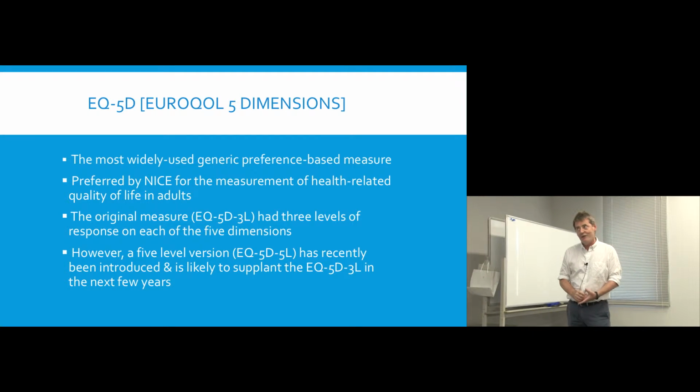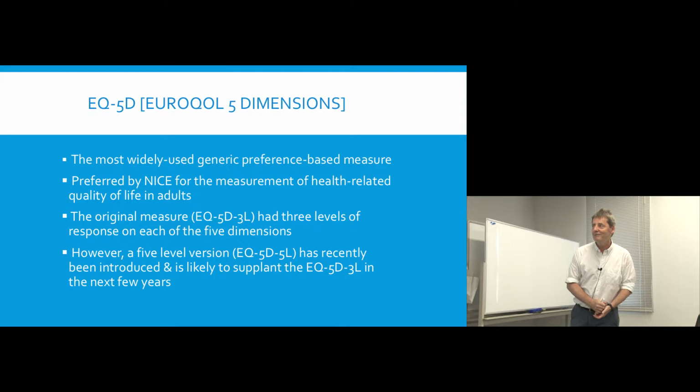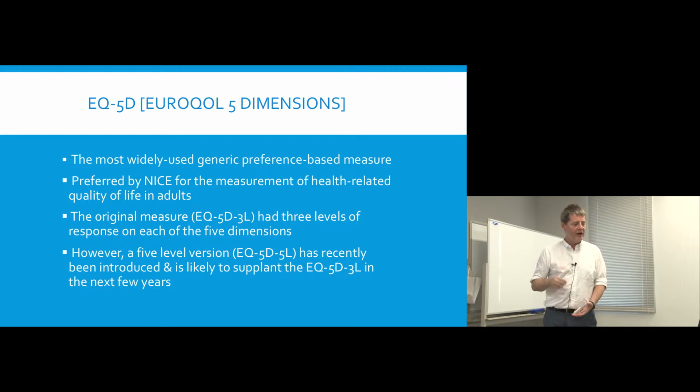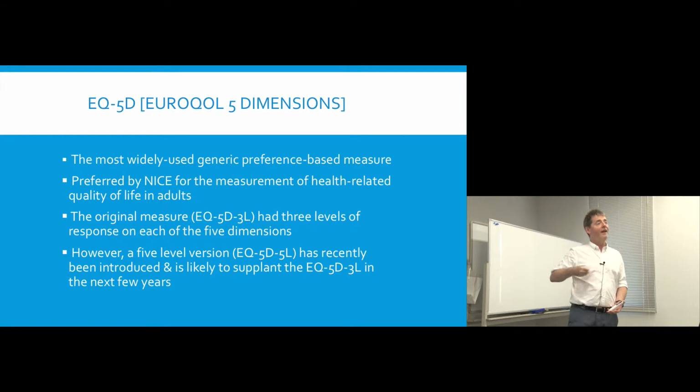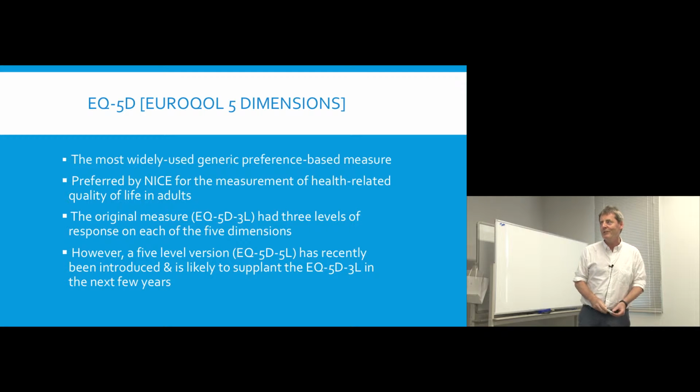EQ5D, incidentally, is preferred by NICE, the organisation in England, which has got quite a major role in utilising this approach. They actually go as far as to say in their methods guide, they want to see the EQ5D used. That's not a reason for preferring it, but that's just a factual statement.